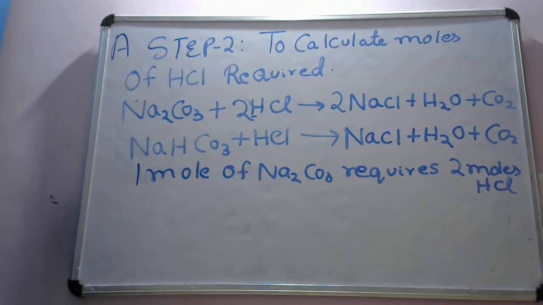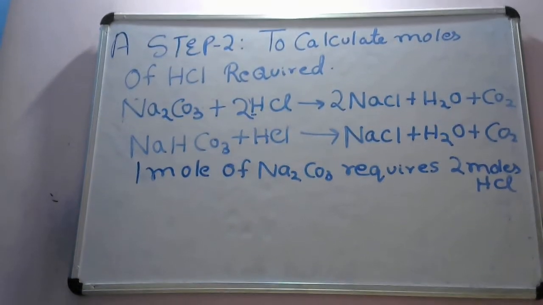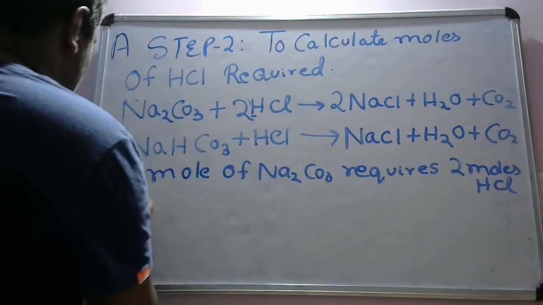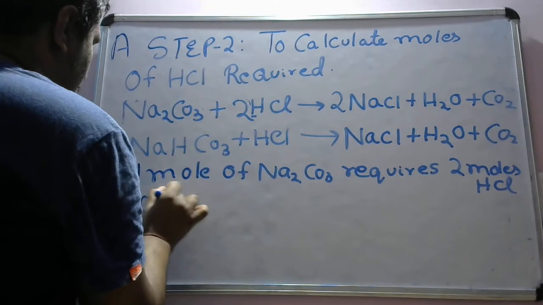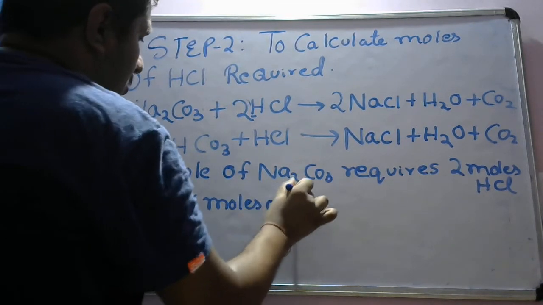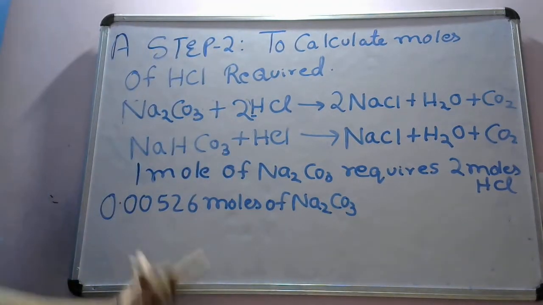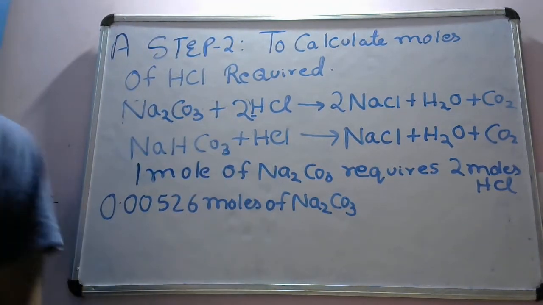So if 1 mole requires 2 moles of HCl, then 0.00526 moles of Na2CO3, which we calculated as the number of moles of Na2CO3.